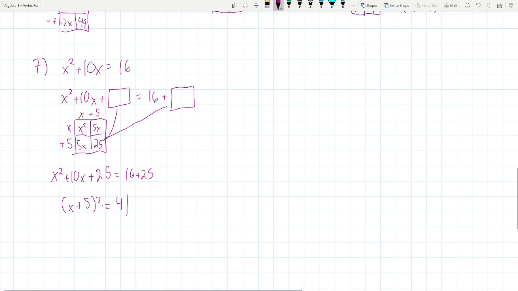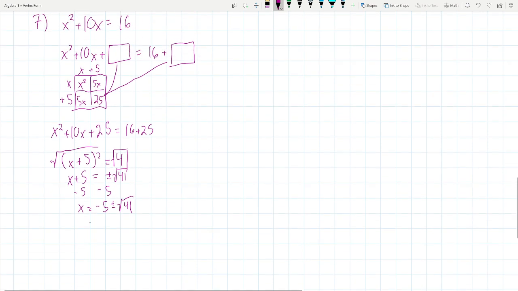So we're at this point right now where I can go, okay, do the square root, and we get x plus 5 equals plus or minus the square root of 41. Subtract 5 from both sides. And you get x equals negative 5 plus or minus the square root of 41. If you plug that into a calculator, you're going to get x equals 1.40 and negative 11.40.